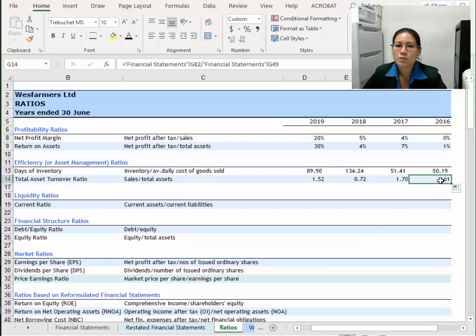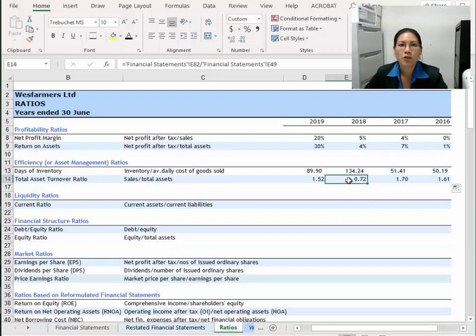So I want a higher figure, essentially. The $1.61, for every dollar of assets, I was turning it into $1.61 of sales, fairly on par in 2017. I knew in 2018 it might have been a little bit down because we weren't really managing our inventory very well. And so hence you can see that we also weren't managing our assets very well either. We weren't being very efficient with our assets in 2018.